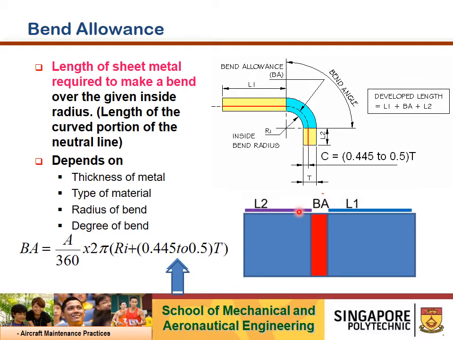We are given a sheet metal flat plate, and we are supposed to calculate the bend allowance, all right? The red region here represents the distance of the bend allowance required. With proper marking out and bending skill, you will be able to achieve the required L1 length, all right, and the correct bend allowance.